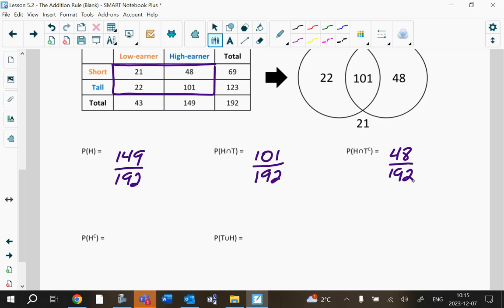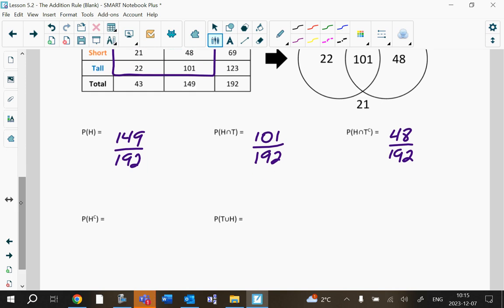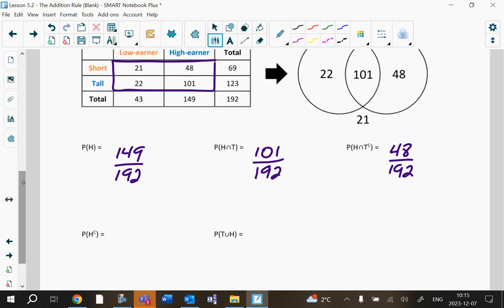Not a high earner. It's probably best to get it from the table here. If they're not a high earner, they're a low earner. There's a total of 43, doesn't matter whether they're tall or short, out of the 192.